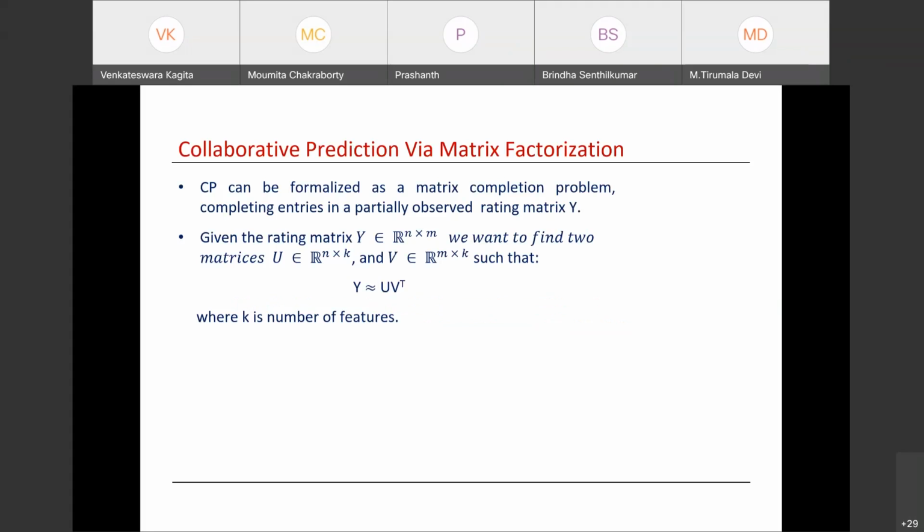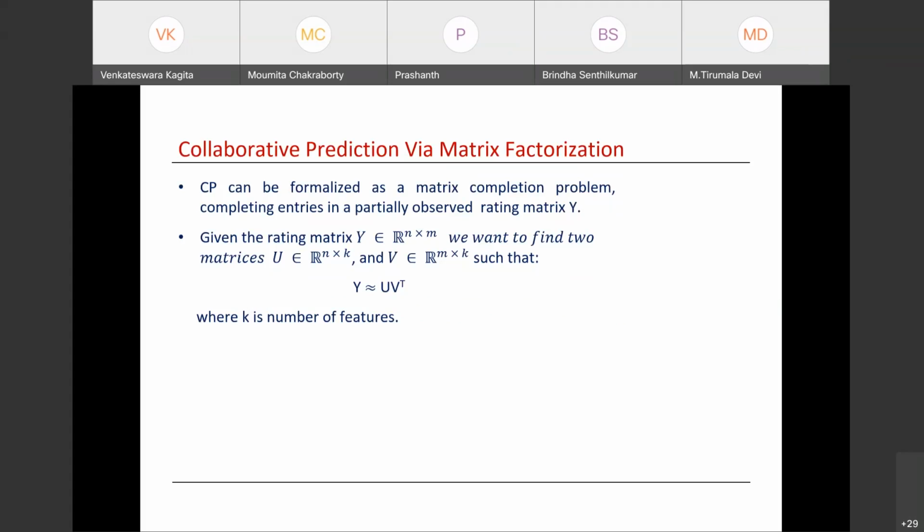So what is matrix factorization? You are given a user item rating matrix. We have seen one such matrix in our previous slides, in which some of the entries are observed and some are unobserved, zeros. The task is to predict these unobserved entries.